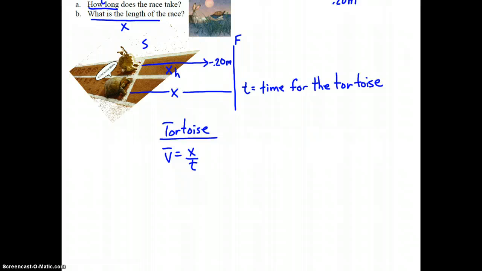We are not going to disagree that at some point the tortoise probably accelerated, especially off the start line, but we are not given any information as far as acceleration, so we're going to just treat it as an average velocity. Subbing in what we know, the tortoise is traveling 0.10 meters per second, and the distance it travels is x, as in the diagram, and it covers that distance in time t.